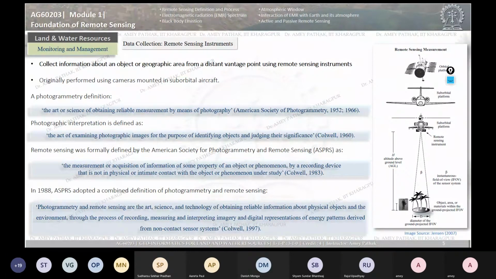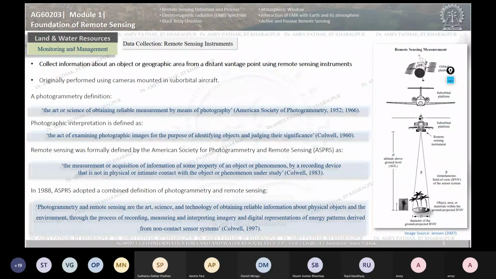Here we are talking about collecting information about an object or geographic area located at a distant vantage point, and that observation can be taken using an instrument, and we call those instruments remote sensing instruments.